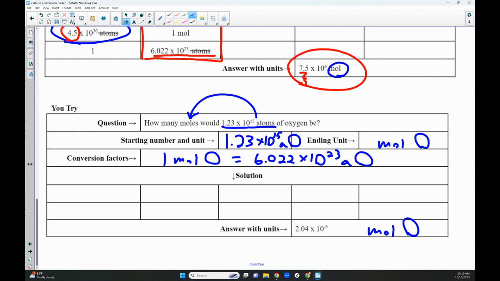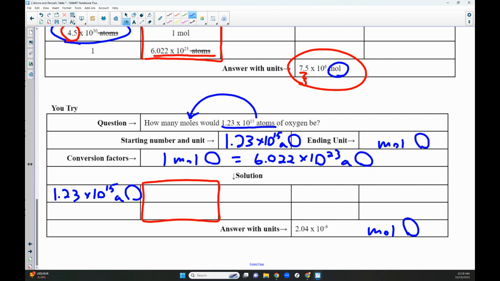So I'm going to put my starting number and unit down here in the train tracks: 1.23 times 10 to the 15th atoms of oxygen. And I'm going to arrange my conversion factor right here so that I can cancel out atoms.